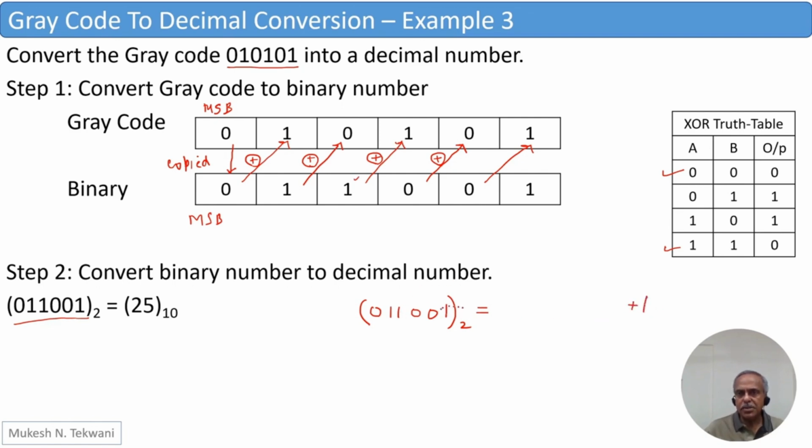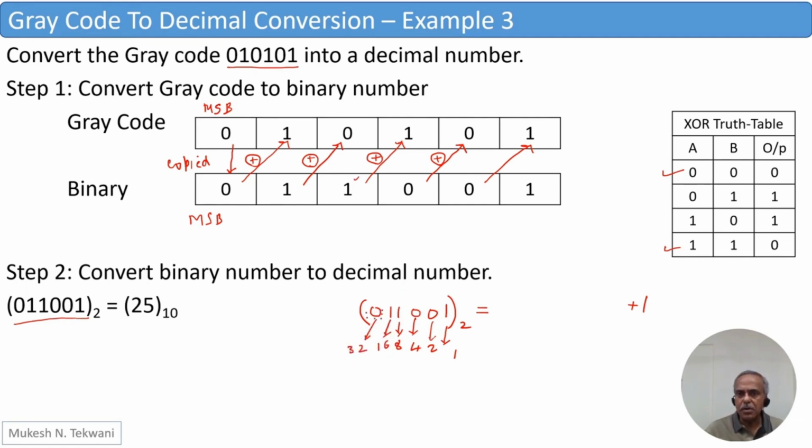Since the bit here is 0, its corresponding weight is 2, which is ignored. So let us just write the weights below each. So 1, this will have the weight 2, this will have the weight 4, this has the equivalent weight 8, this bit has the equivalent weight 16, and this bit has the equivalent weight 32.